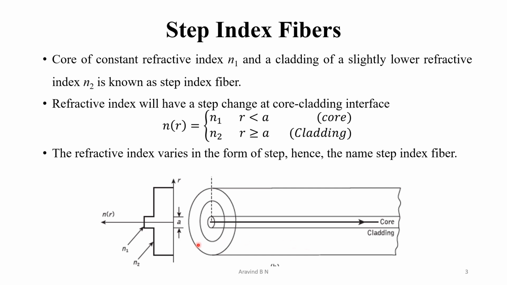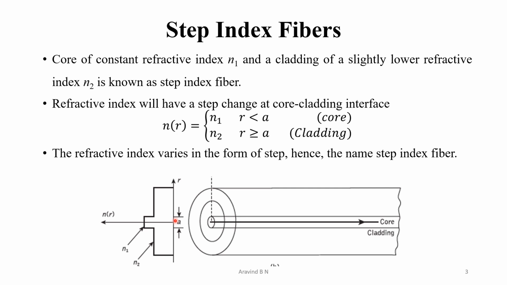Now this refractive index is being represented over here. This is the core region of the refractive index, that is higher, and this is the cladding part of the refractive index which is lower than that of the core. If you observe the variation of this representation, it is in a step manner. Therefore this is called the step index fiber.